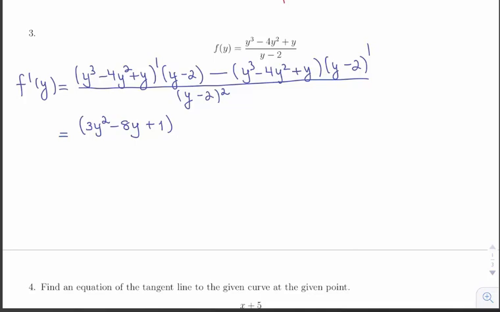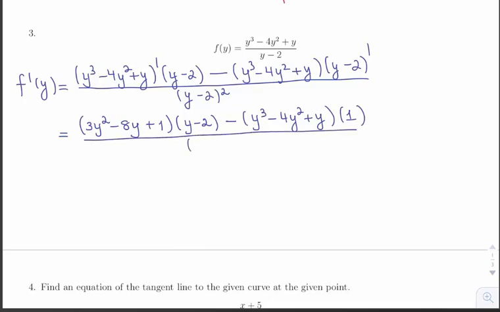Y minus 2, that stays as is. Minus, let's see what happens here. I'm going to rewrite this function. We don't do anything with it. Y minus 2 prime, that's 1. Divide by y minus 2 squared.